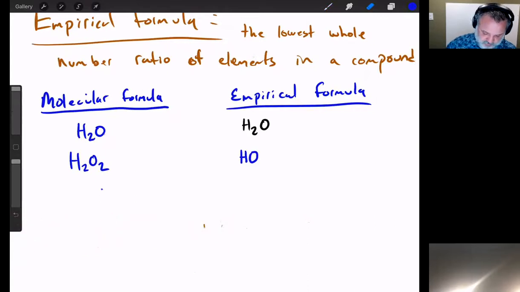Let's do a couple of other examples real quick. How about, we did this one earlier, C6H12O6, glucose. What's the empirical formula of glucose?